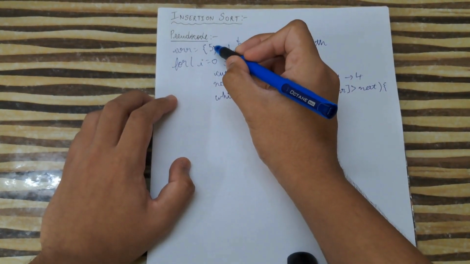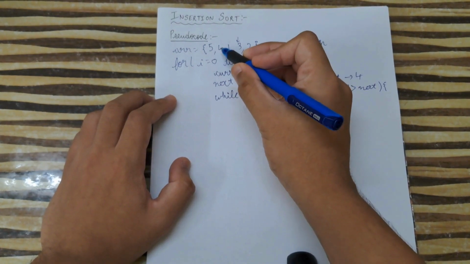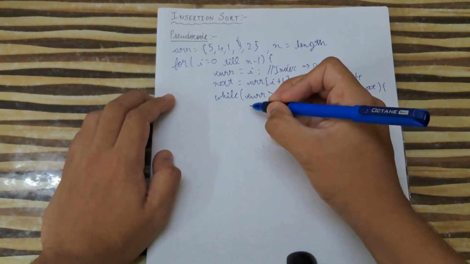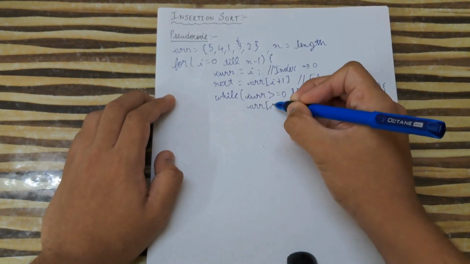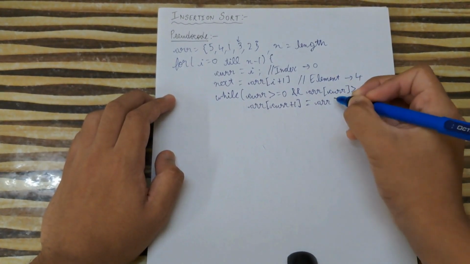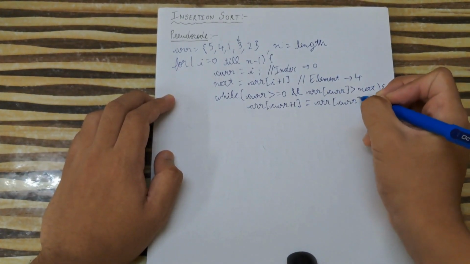If the array element at cur is 5 and next is 4, this condition is satisfied as 5 is greater than 4. So we will do array[cur+1] = array[cur].